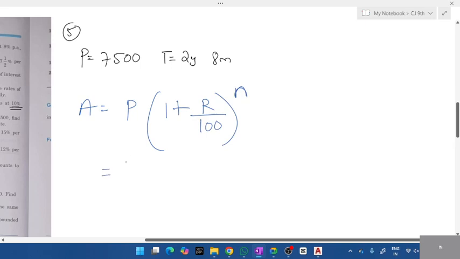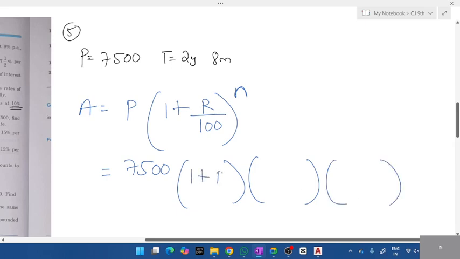Now what is the principal? 7,500. Total 2 years, 8 months. How do you calculate 2 years, 8 months, students? Three calculations. 1 plus r by 100, 1 plus r by 100, then for the third one, r by 100 remains as it is.